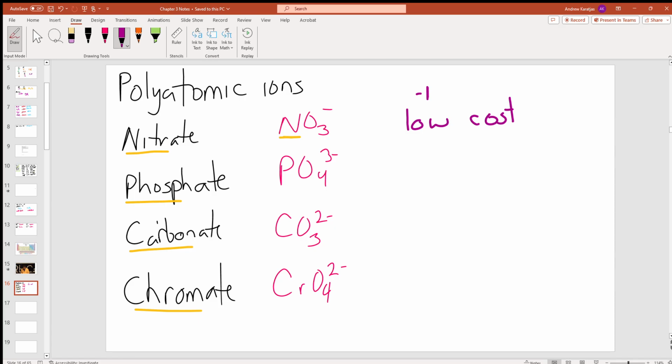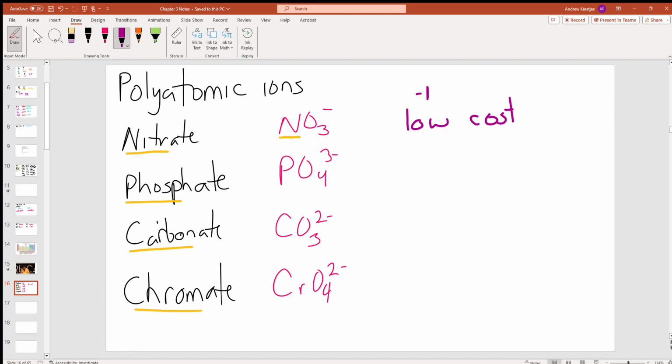We don't really necessarily need to do anything to remember whether the charge is positive or negative. For these polyatomic ions, there's only one polyatomic ion that we're going to learn that's positive. So we can just assume that they're negative unless we're talking about ammonium.